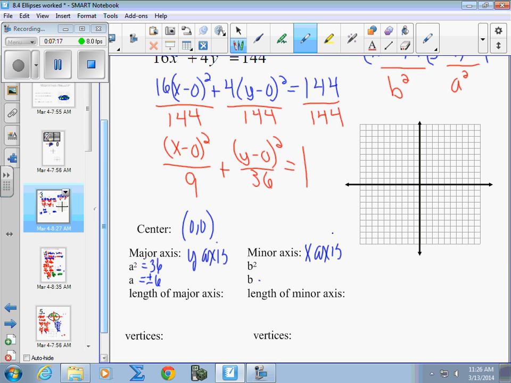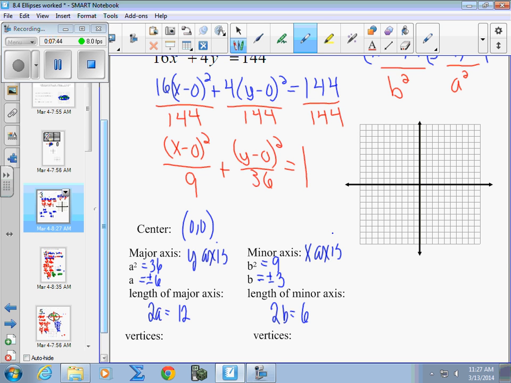B squared is equal to 9, so B is equal to plus or minus 3. The length of the major axis is 2A, so it is 2 times 6, or 12. The length of the minor axis is 2B, so it is 2 times 3, which is 6.